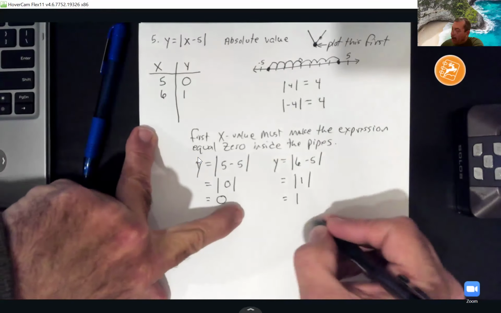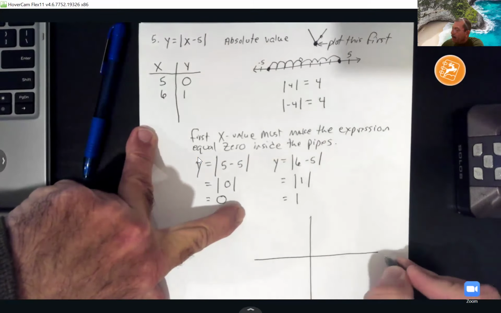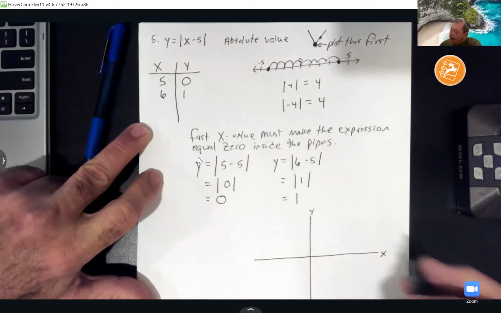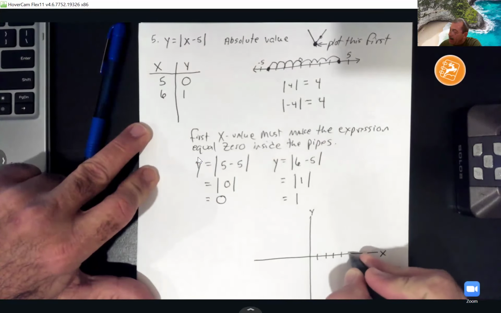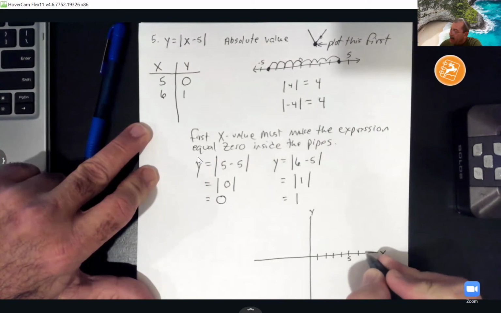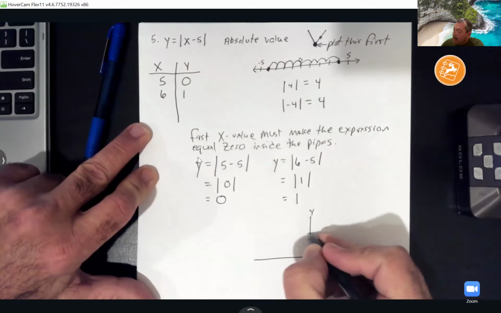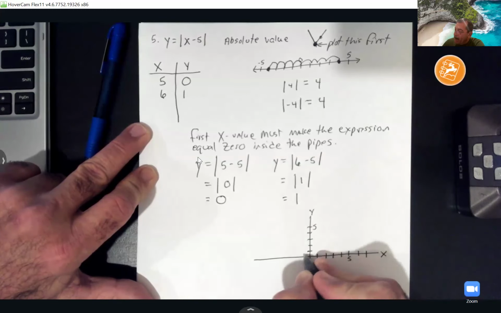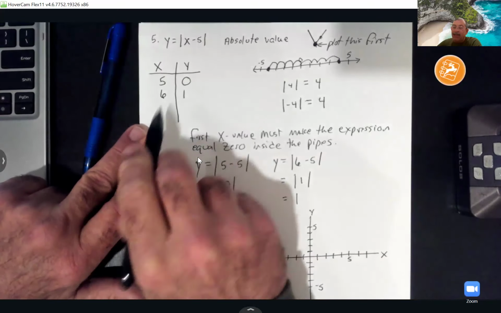So on these graphs, let's see, I need to go out at least 6 to the right. So there's 5, 6, 7. And then everywhere else, I'll just go by 5. All right, so 5, 0.